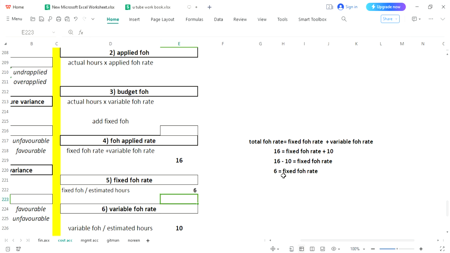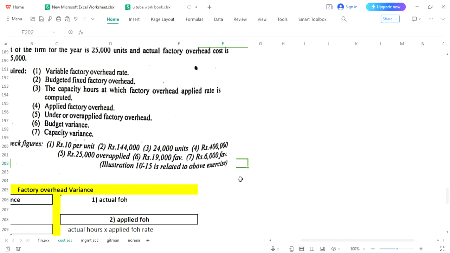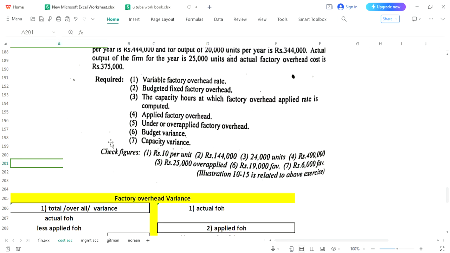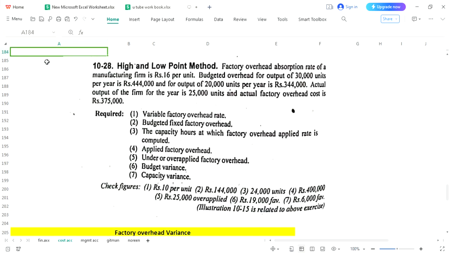The 4th, 5th and 6th steps are completed, but the matter is we will again observe our question and you will come to know that fixed FH is not given over here. Here is your question and you can see that fixed FH from here to the end of the question is not given, and our second requirement is also budgeted fixed FH.